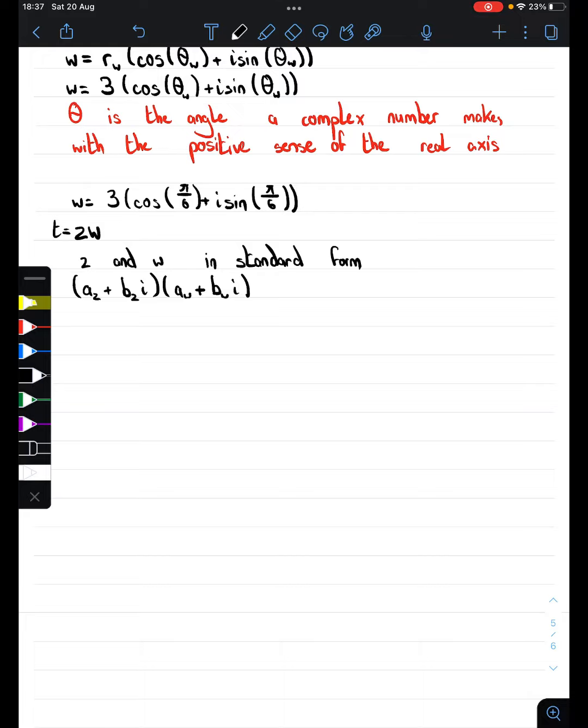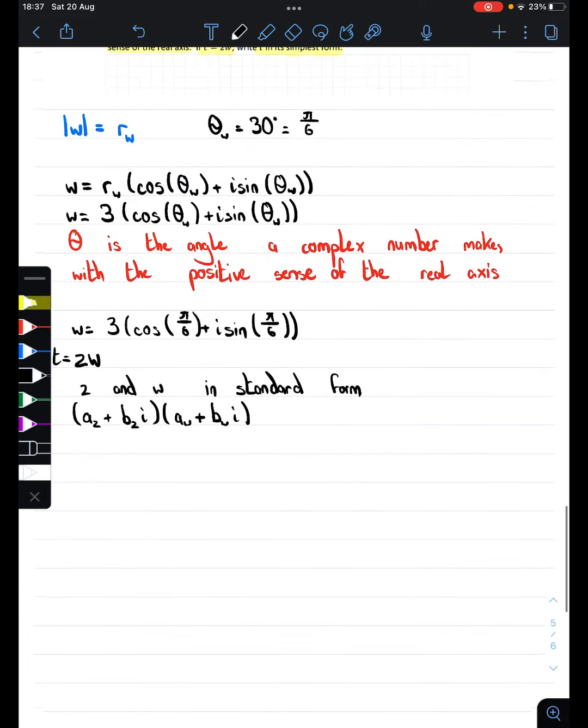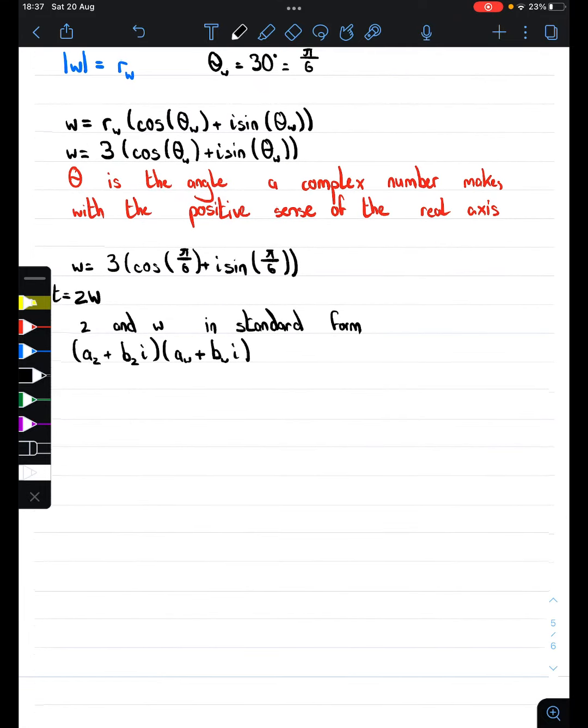And that would be perfectly fine. You then simplify that down as much as possible. Nothing wrong with that approach at all.